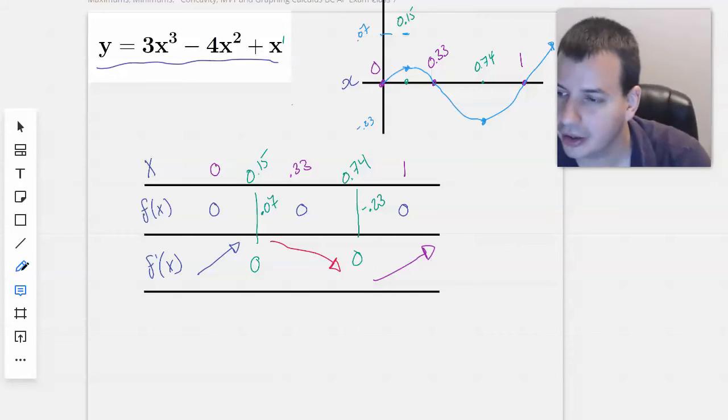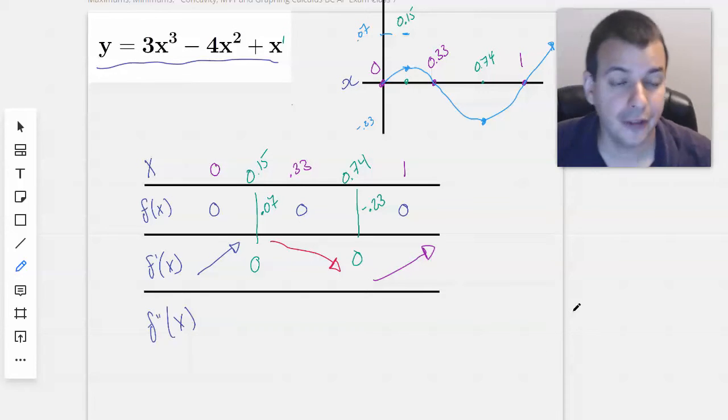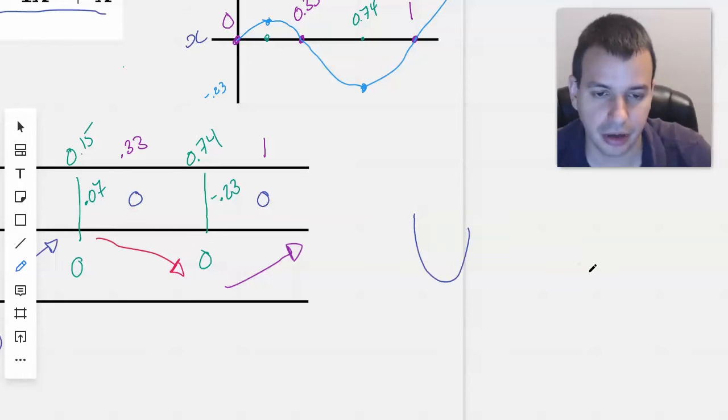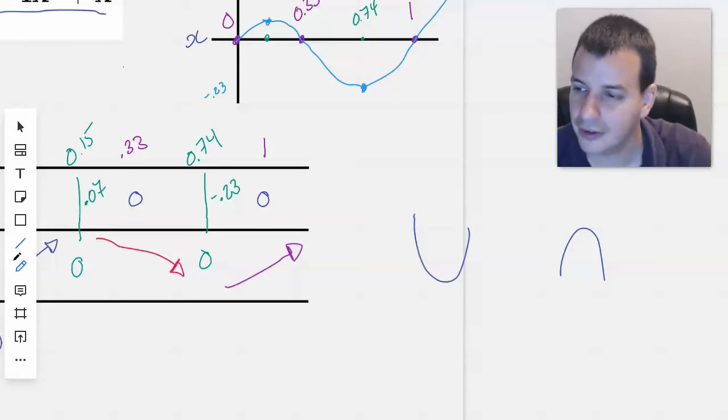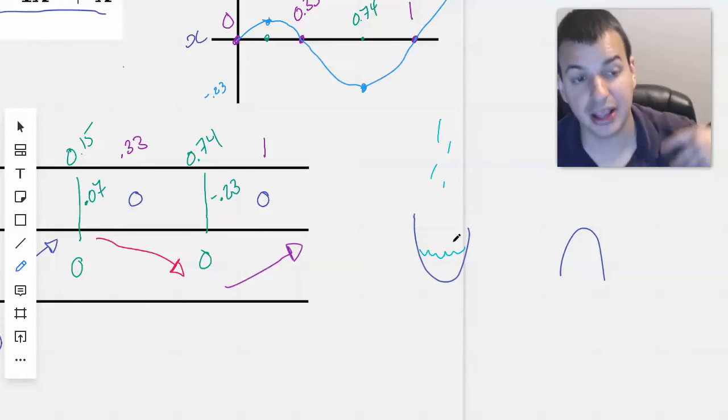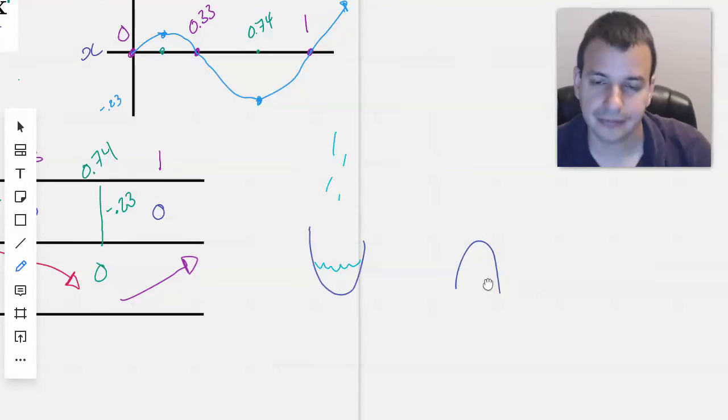The way I like to think of concavity is the ability to hold water or not. So if you think of it like this, you have a bowl like this and a bowl like that. Concavity would be the ability for when rain comes down, it fills up with water. That would be positive concavity.